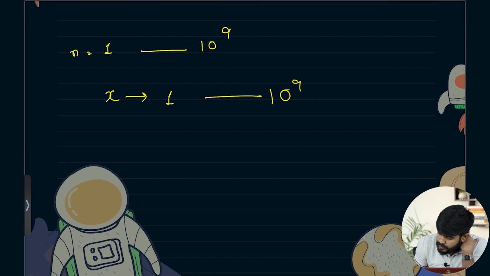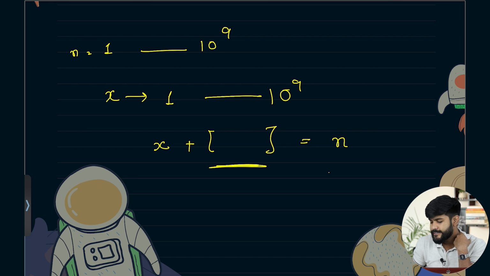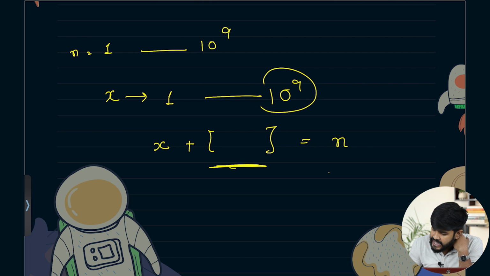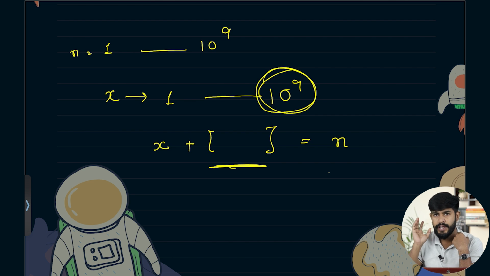Let's say this is x, and this is the count of set bits of x, and I want the sum to be equal to n. If the value is as big as 10 to the power 9, how many bits do we have? The number of digits is 30.